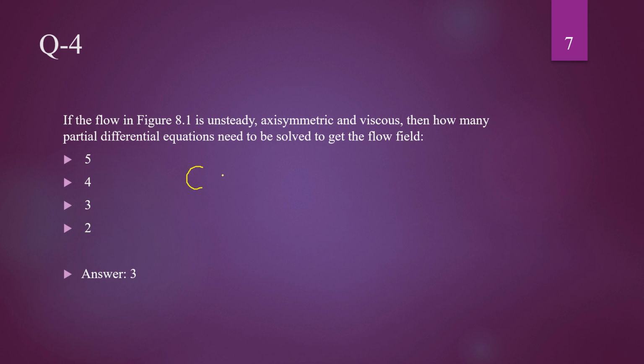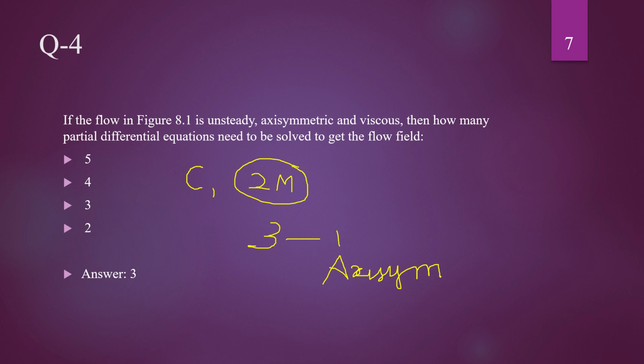It is the continuity equation and two momentum balance equations. It was supposed to be 4, but due to the axisymmetry condition we are neglecting 1. Therefore the answer is 3.